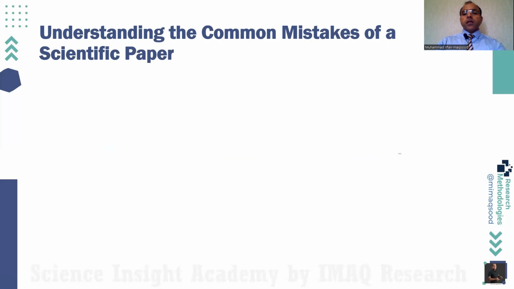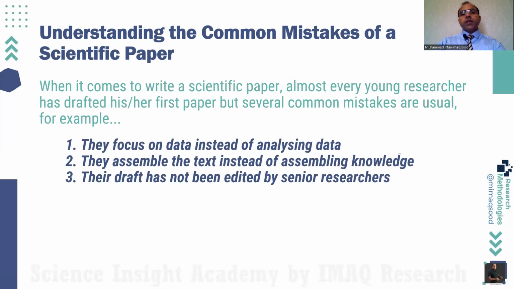To develop some basic skills, you should understand what common mistakes happen in our scientific papers, so you do not make those mistakes while creating your imaginative stories. When we studied common mistakes, we found some young researchers who had drafted their papers and had three basic mistakes. For example, they focus too much on data instead of analyzing the data.